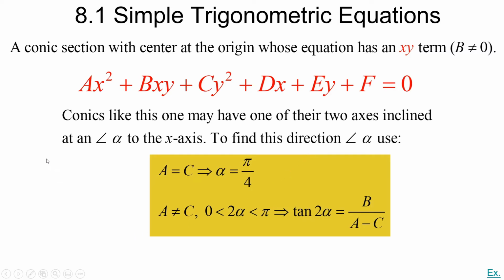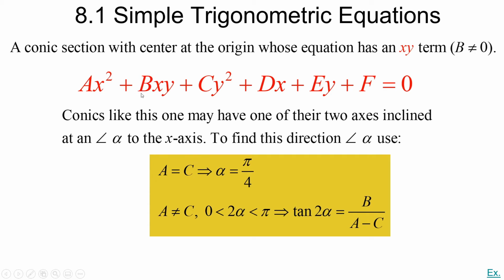Okay. Now, conics like this one may have one of their two axes inclined at an angle alpha to the x-axis. To find this direction angle alpha, use... All right, now, here's what they're saying right here.